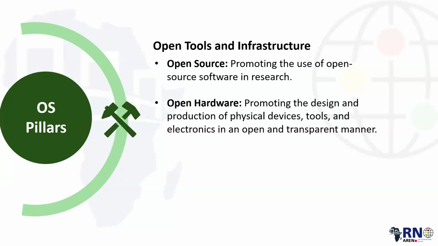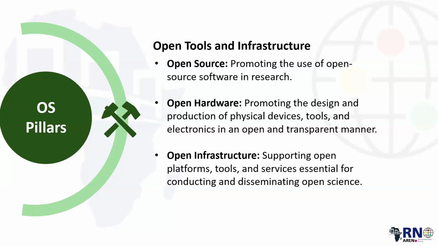The details of building this microscope have been made public, and they use 3D printers, and they've made every step public so that anyone could basically be able to replicate or make this open hardware again. And it also extends to open infrastructure, meaning the support of open platforms, tools, and services that are essential for conducting and disseminating open science.